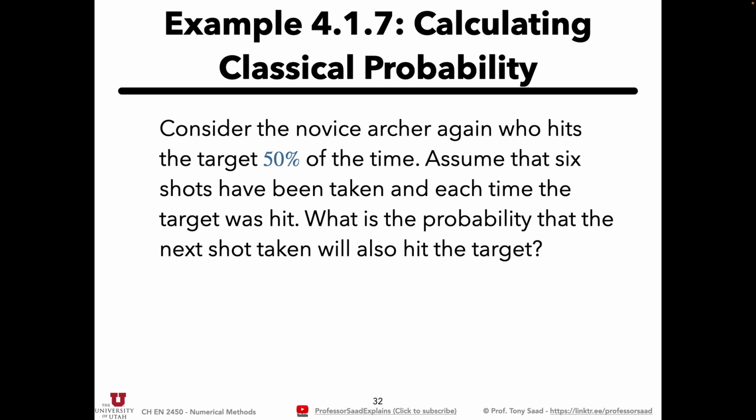So assume that 6 shots have been taken and each time the target was hit. So we got H, H, H, H, H, H. What is the probability that the next shot will hit the target? 50%. Exactly. Nothing changes. The fact that he had a streak of hits doesn't affect the chance of the next trial.